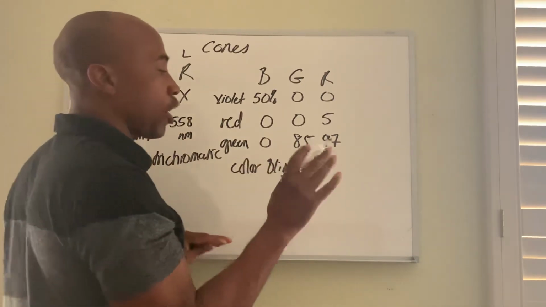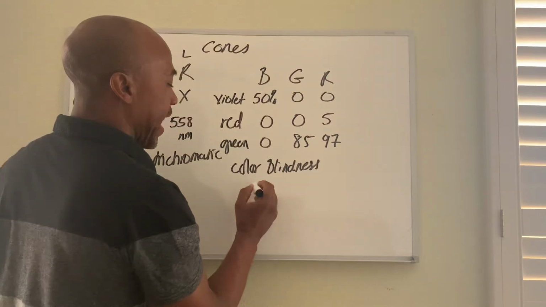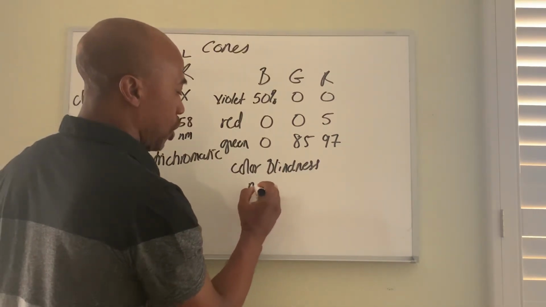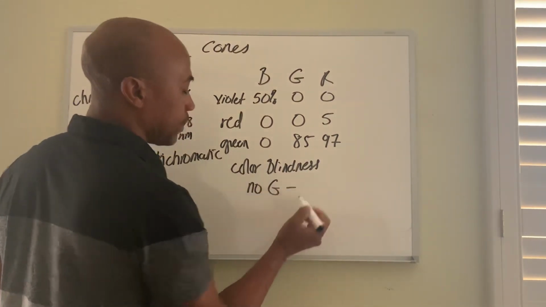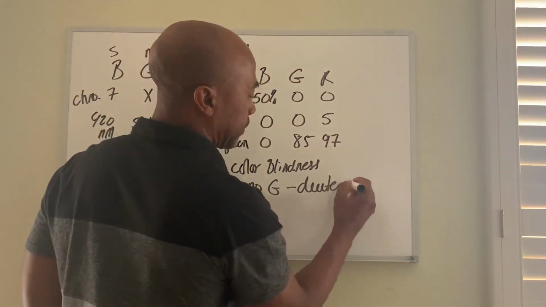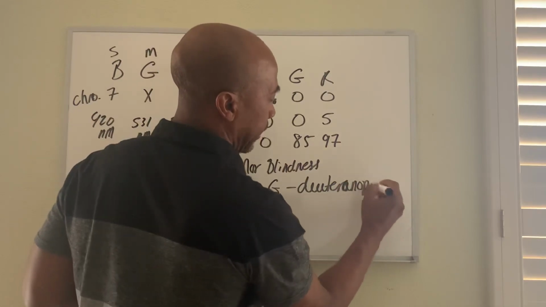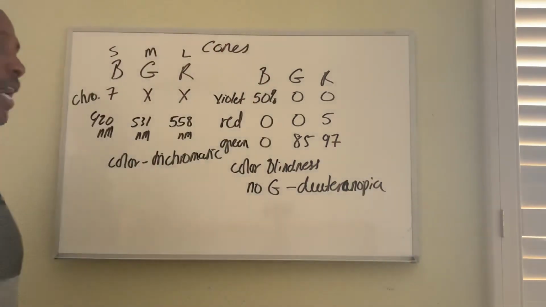So there are three common forms of color blindness. The lack of green cones. So when you have no green cones, that's called deuteranopia. That's the most common form of color blindness.